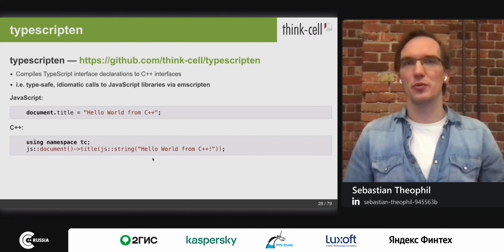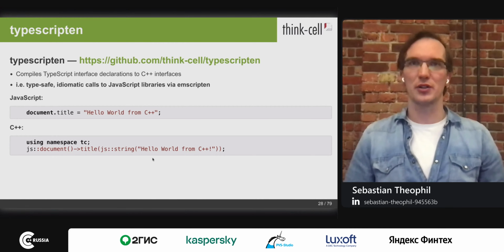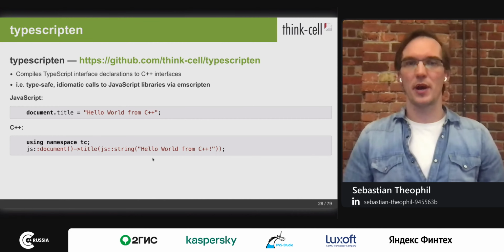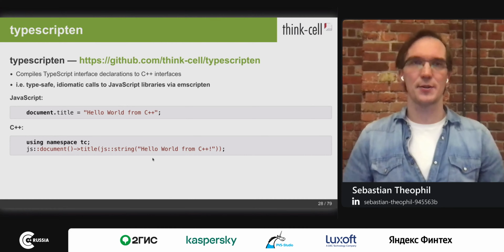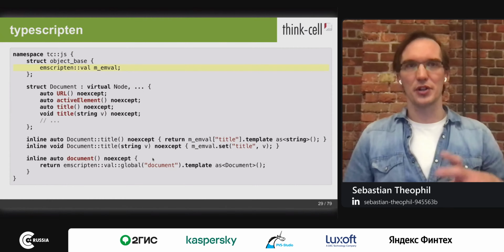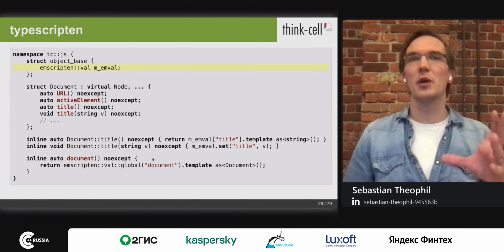So where in JavaScript you would maybe simply assign a string to the title property of the document, you have to write something a bit more verbose in C++, but essentially it's the same thing. You call the title setter on the document and pass a JavaScript string to it, and all these calls are type checked.